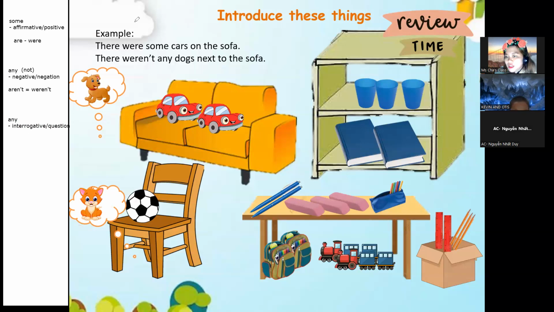Roy, how about in here? What can you see on the bookshelf? How about this one? Was or were? How many? There was or there were?